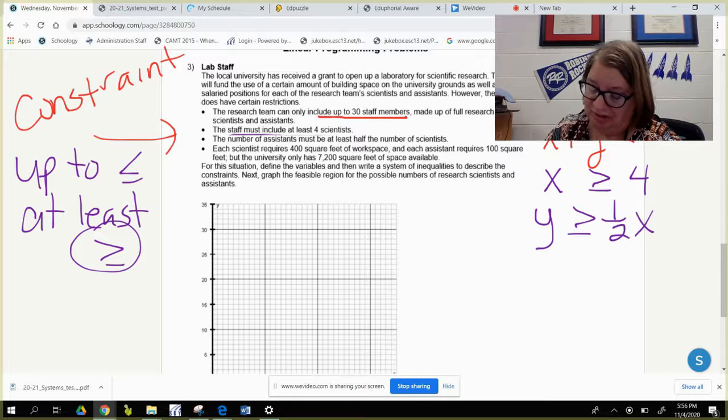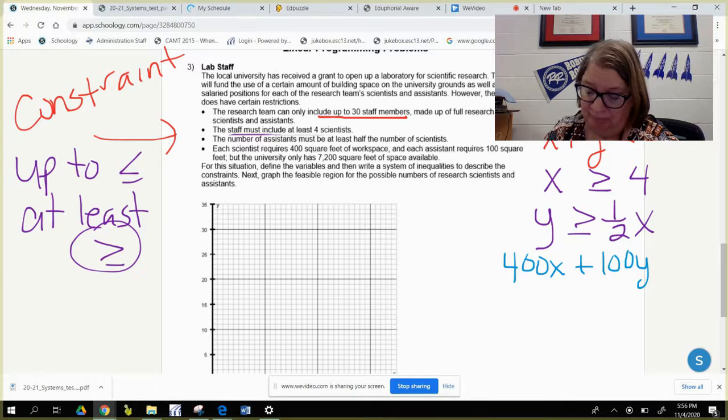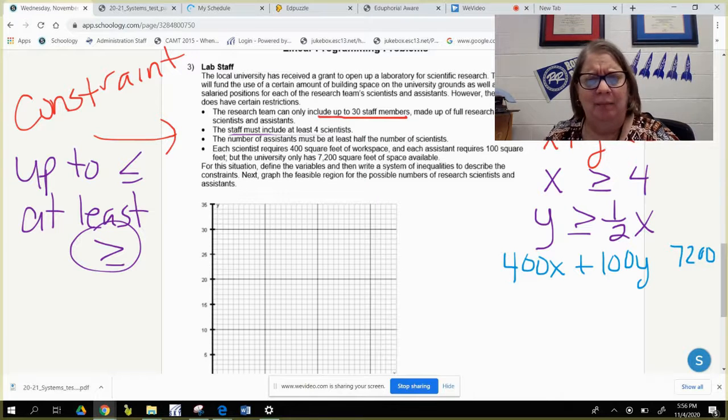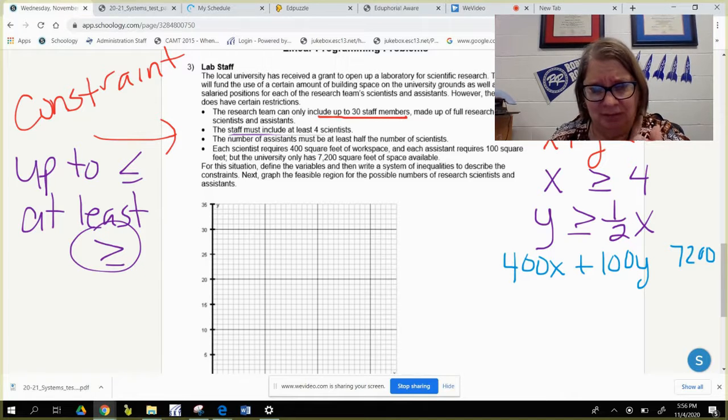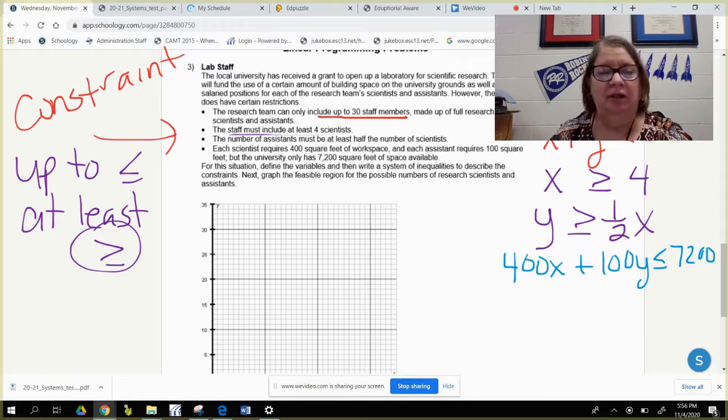So how much does each scientist require? 400x, and each assistant requires 100y. And the university has 7,200. So if we're designing this lab, can we go over 7,200? No, because that's all that building has. We could go less than, we could go equal to, but we can't go over.